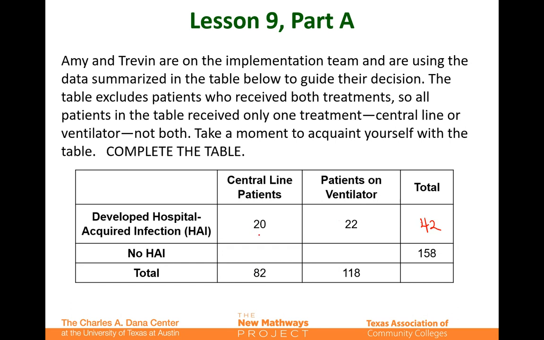So if I do 82 minus 20, it looks like 62 people did not get an infection from their central line. Over here we see patients on a ventilator. 22 patients got an infection. There were a total of 118. If I do 118 minus 22, I'm going to get 96.